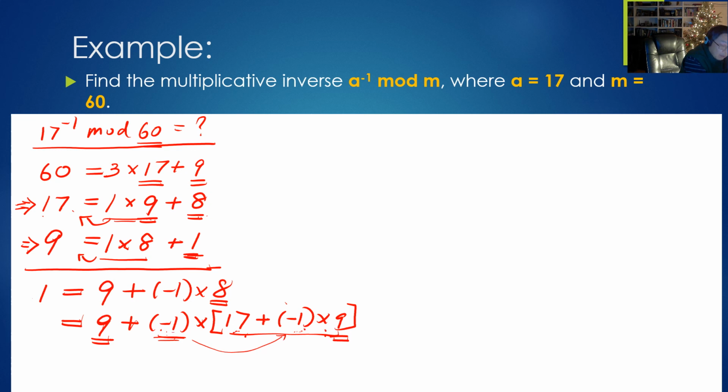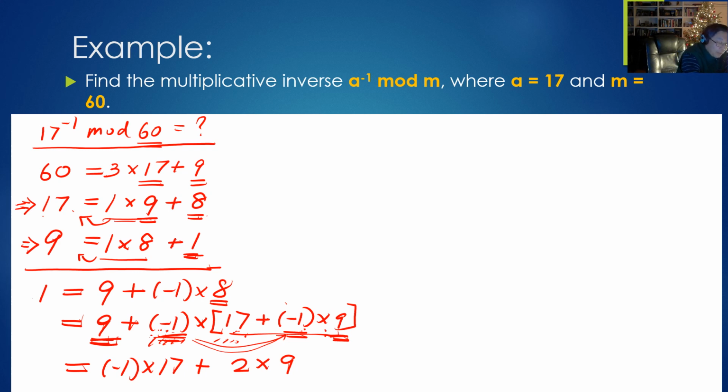Times 9, so that's 1 times 9. And plus the other 9, what do you get? So you got 2 times 9, right? Because of -1 times -1, you got 1. So I have 2 nines. And then I can put this first one, -1 times 17. So I got the -1 times 17.